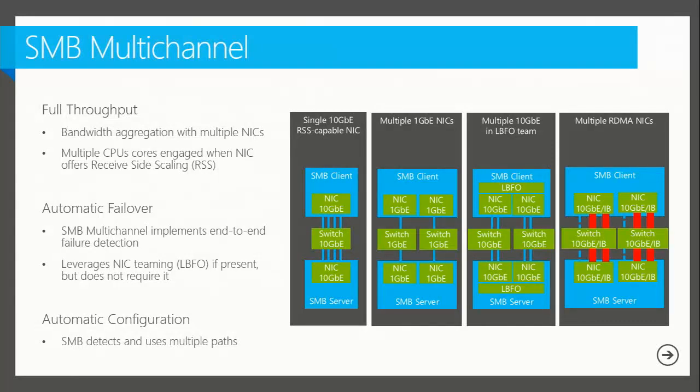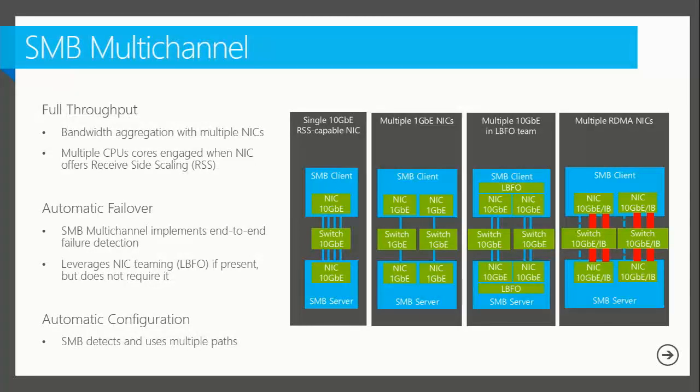So what we do now in version 3 of SMB is we look at the capabilities of the NIC and we say, can you do receive side scaling, which is this ability to spread TCP connections across cores. If the NIC says it does, we will create multiple TCP connections automatically. That's one thing. So that right there will give you benefits when using fast networks.